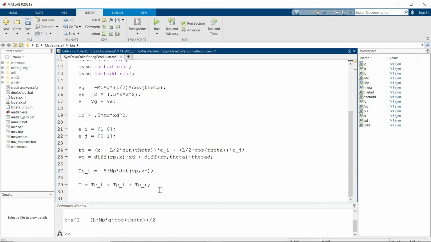And now the rotational, that was translational kinetic energy. Rotational kinetic energy of a rod has this equation.